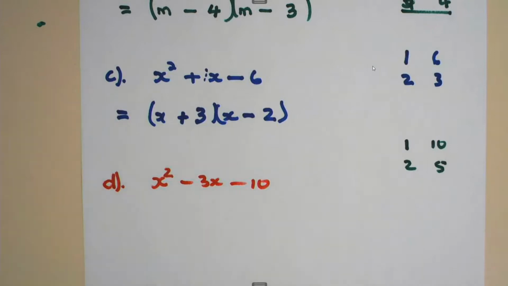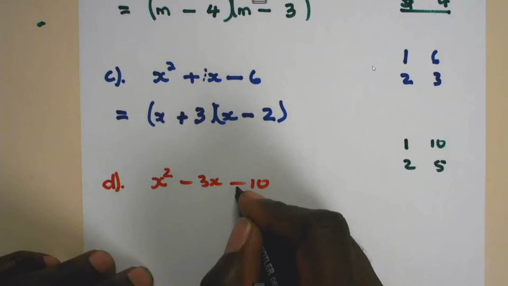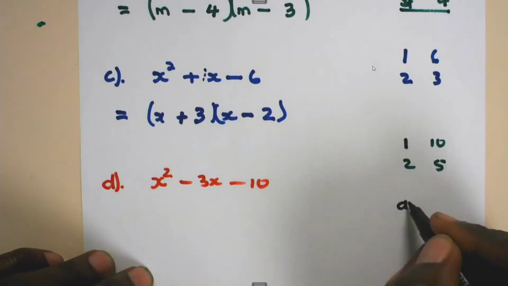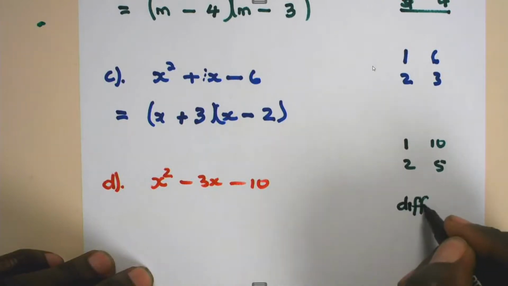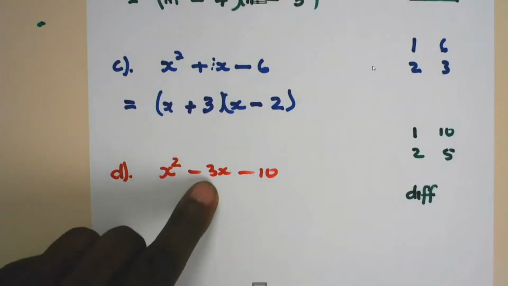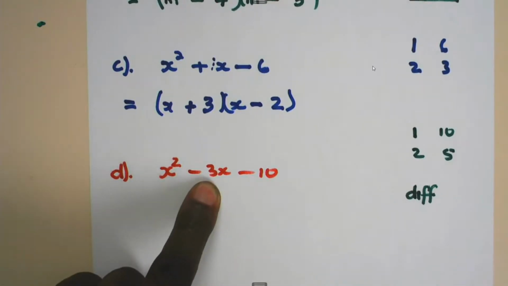The sign there means the signs are different. This sign tells us that the signs of those two factors are different. If one is positive, one is negative. If one is negative, one is positive. When you add them, whether negative or positive, they must give you negative 3.